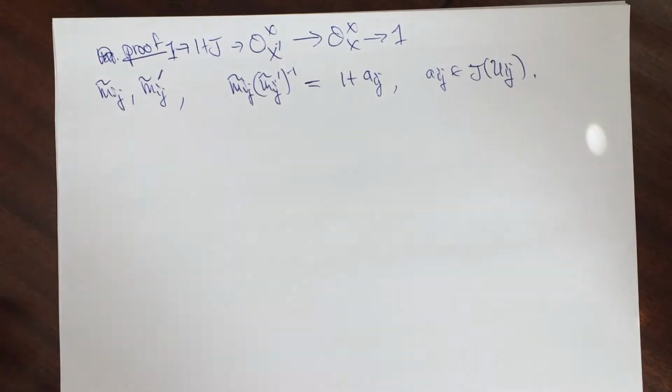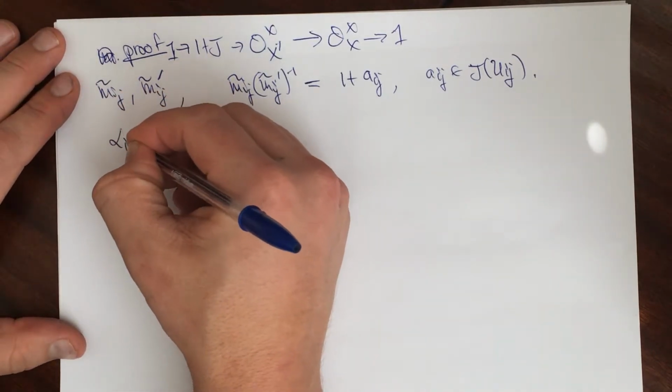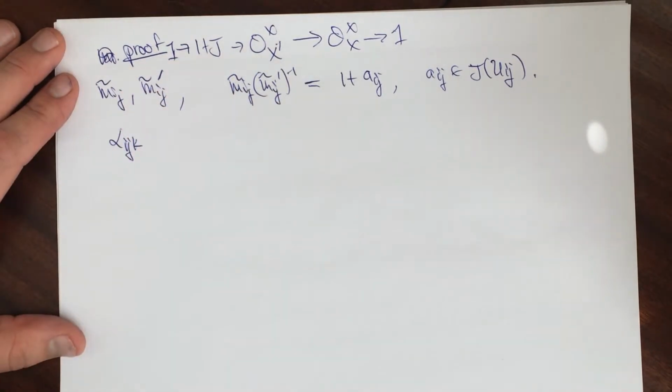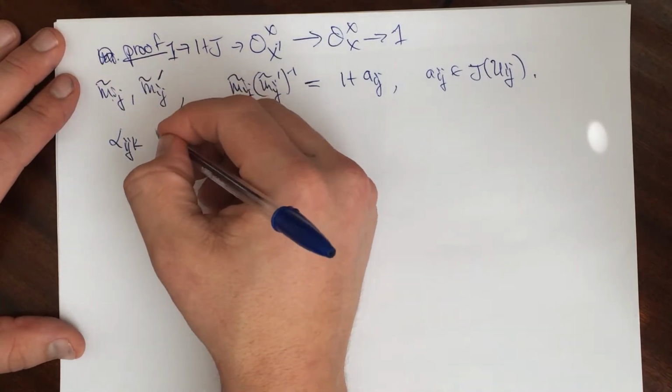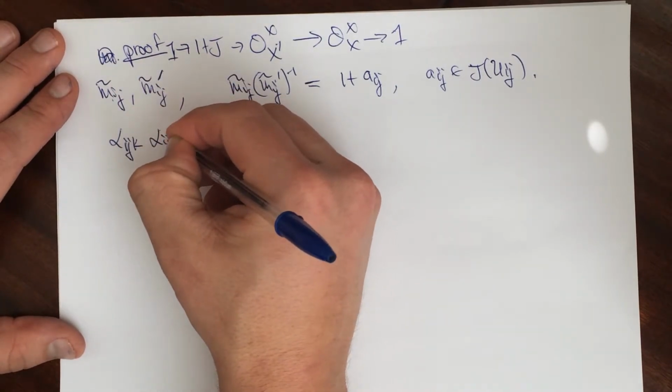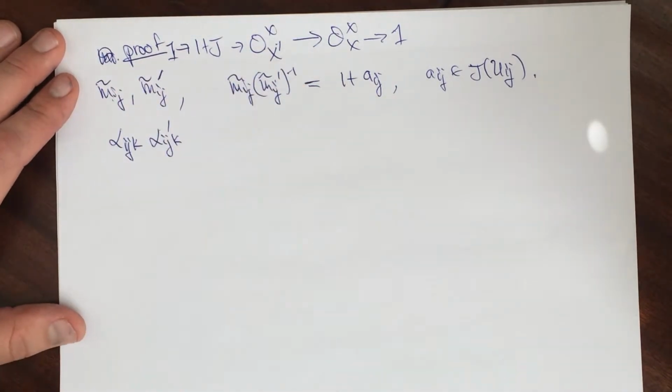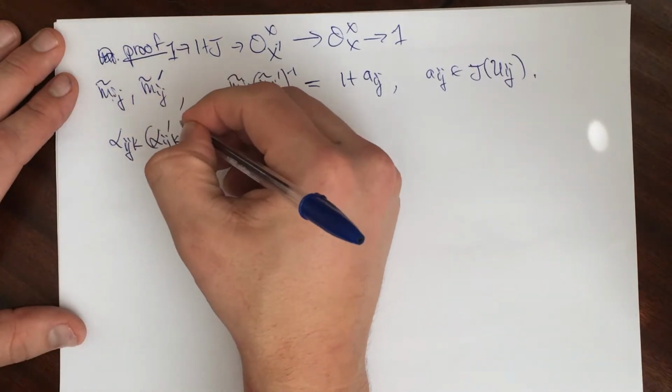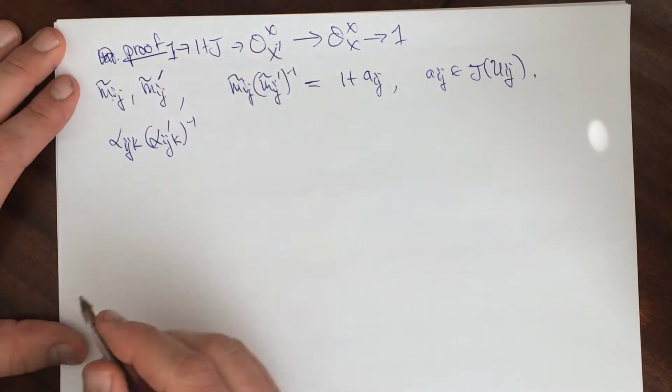Now, what we are going to do is show that the alphas and the alpha primes are cohomologous. So we'll take alpha ijk, the cocycle associated to this one, and then we're going to take alpha ijk prime, and look at the difference of those two things.